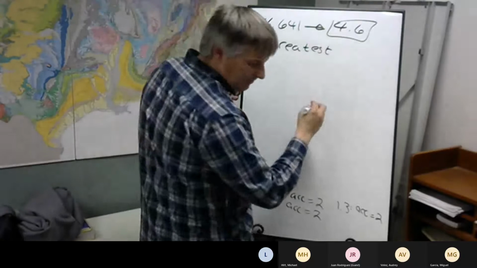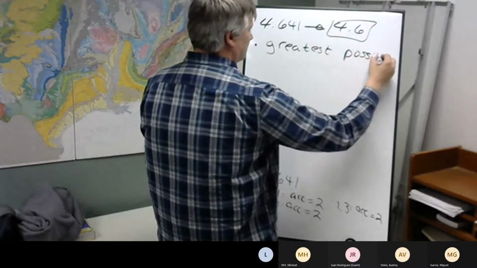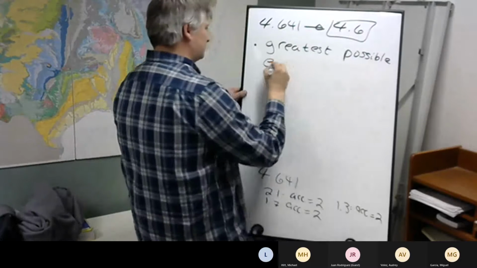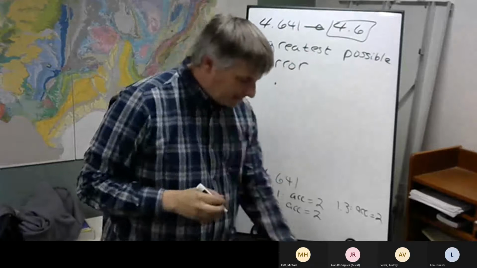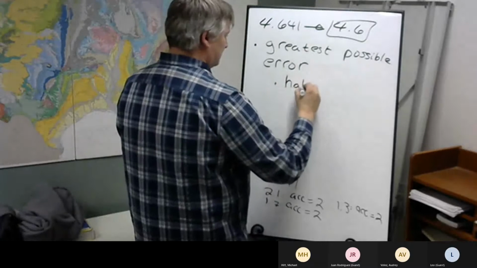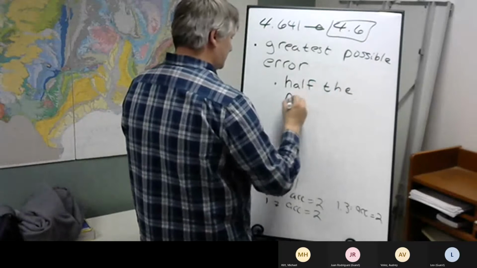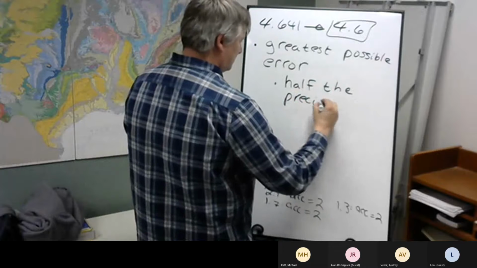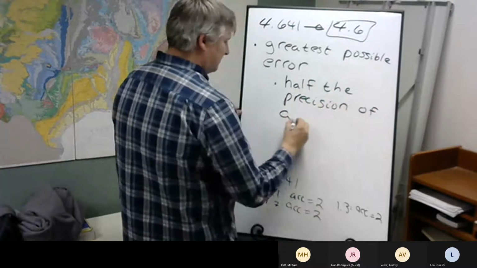They have something called the greatest possible error. And what this is going to be is half the precision of a measurement.